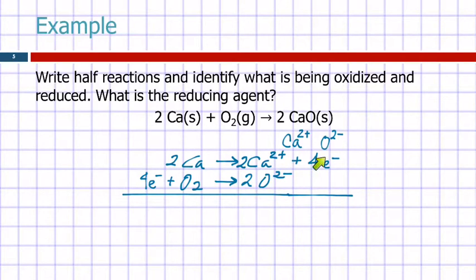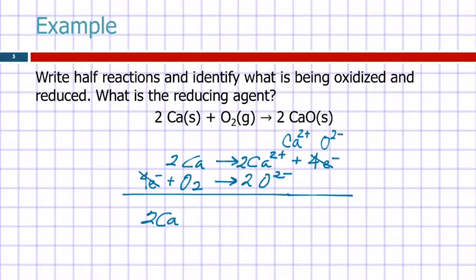So these 4 electrons then get used in this second half reaction to make the oxide ions. And if we were to add those together, we'd say, well, okay, the 4 electrons that were made get used up, so they're basically just not there. And then we would copy down the rest of what we've got here.